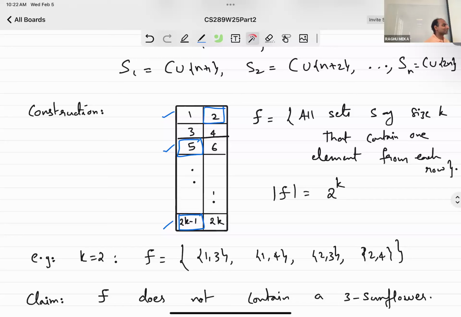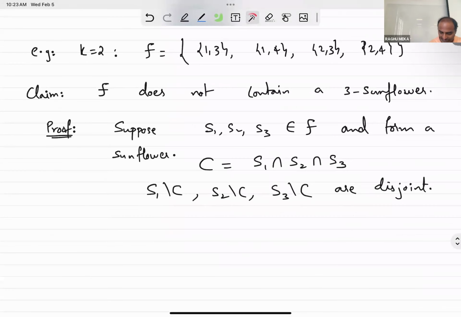Yes or no? Can I pick 3 sets which are disjoint in this family? No, right? Because for each row, there are only 2 options. So either the first one contains 3, then the second one contains 4, but the third one has to contain 3 or 4. There are only 2 options and I have 3 sets, so they must overlap. Okay? And so this is not possible.